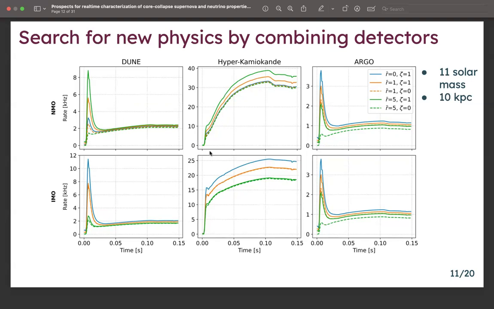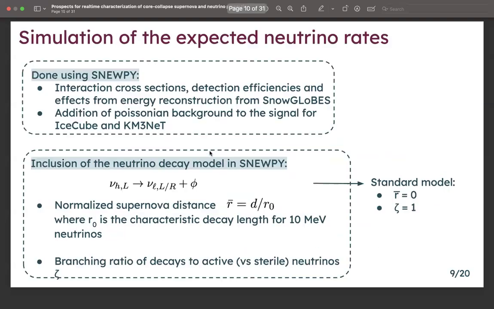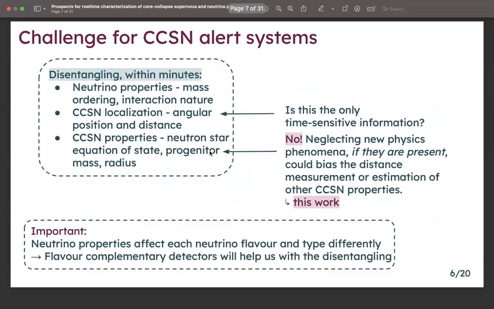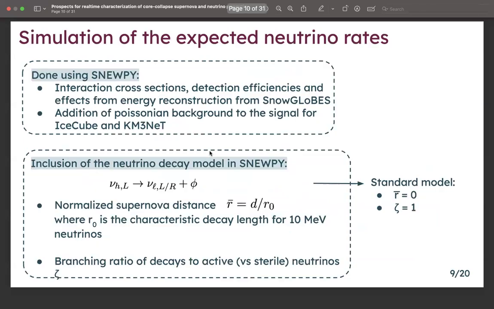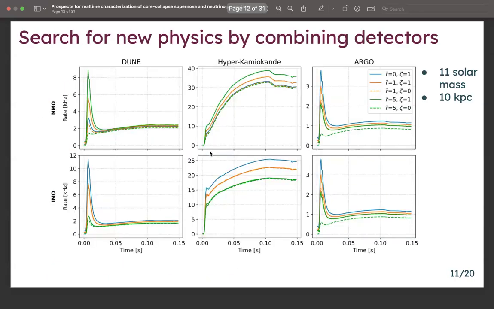Well, I remember doing this exercise. We can try to do this. So let's see. What we have is heavy neutrinos decaying to lighter neutrinos. So these lighter neutrinos have a certain probability of being seen as electron neutrinos, which is high in the NMO and low in the IMO.